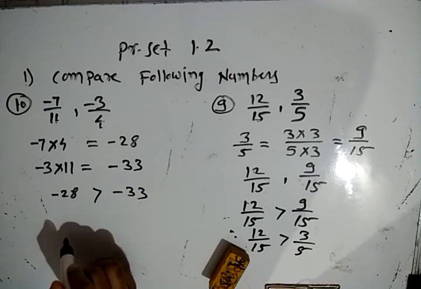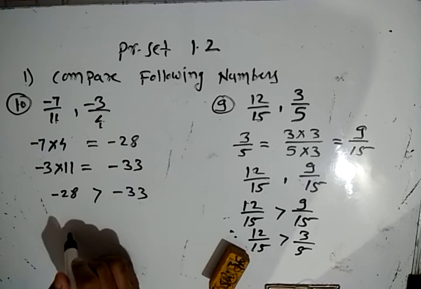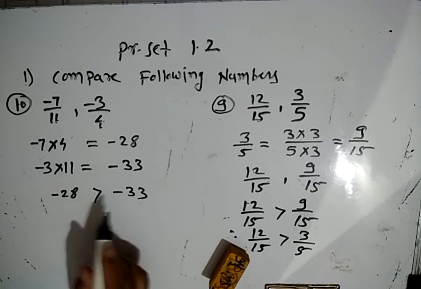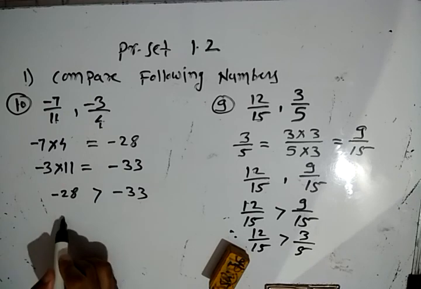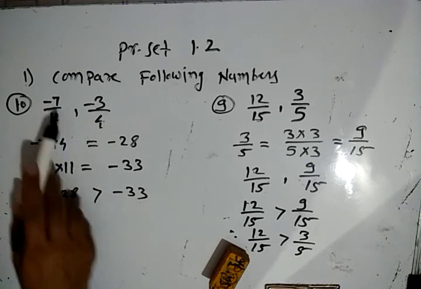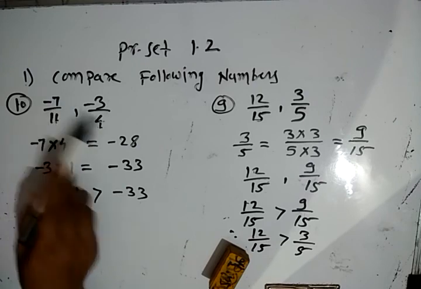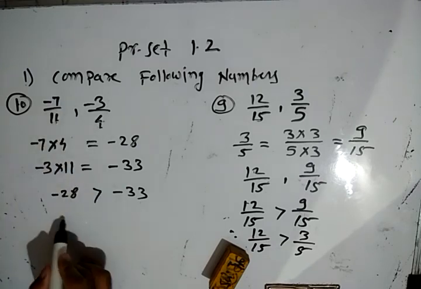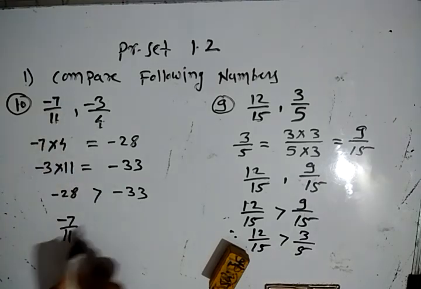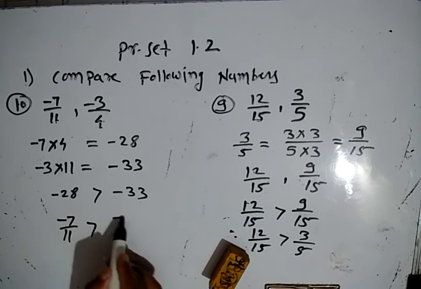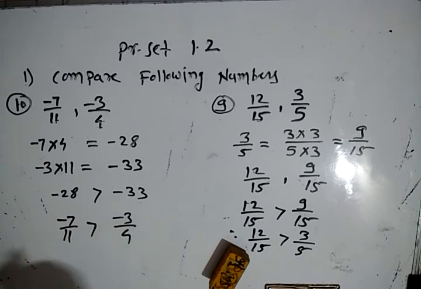If it happens, it means A into D is greater than B into C. Therefore, we can write this cross multiplication is greater. It means the first rational number minus 7 upon 11 is greater than minus 3 upon 4.